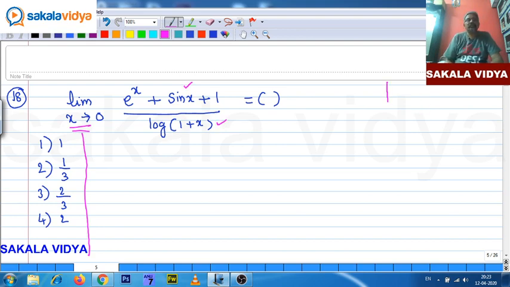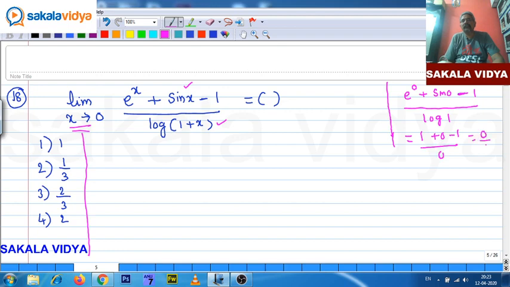First let us substitute the limit: e power 0 plus sin 0 minus 1, upon log 1. e power 0 is 1, sin 0 is 0, minus 1 gives 0, and log 1 is 0. So it is a 0 by 0 form, so you can apply L'Hospital's rule.